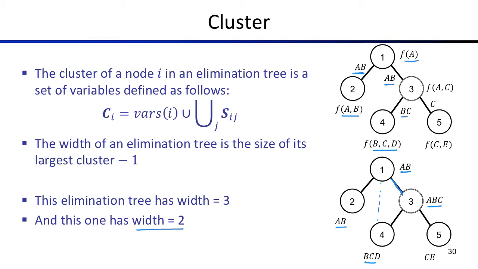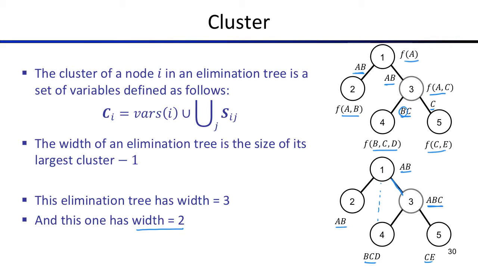We have ABC here and BC here, so it's going to be the union between these 2 sets, BCD, that's correct. And here we have CE with C, the union is going to be CE. And here we have AC with union BC and C, so it's going to be AB, that's here, and C, ABC. So that is correct.